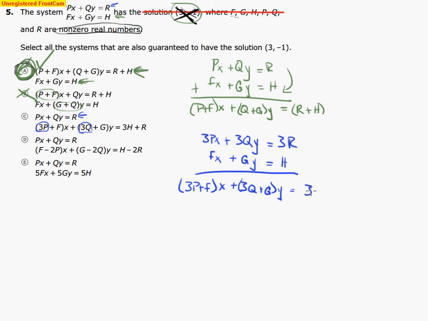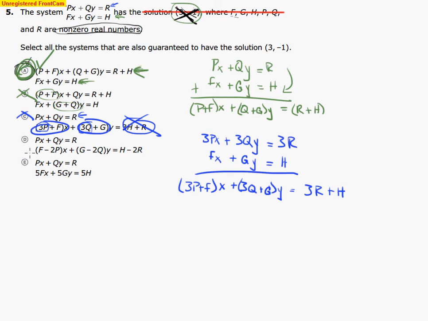And then I need to have 3r plus h. This is good, and this is terrible, because it's 3r, not 3h. So C is out.